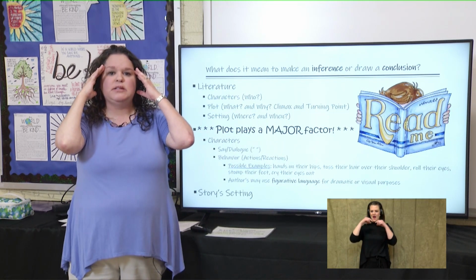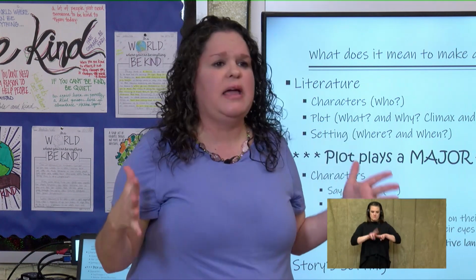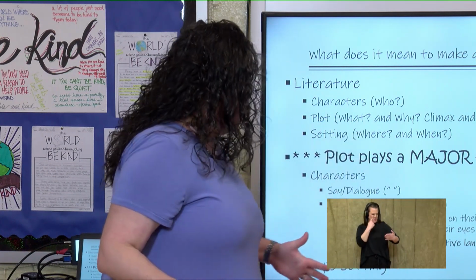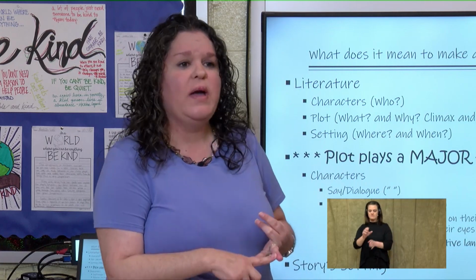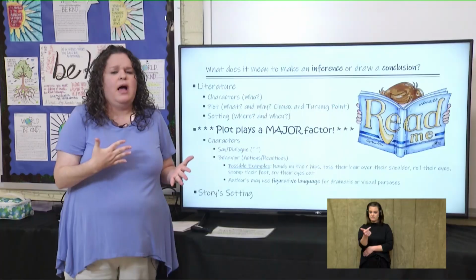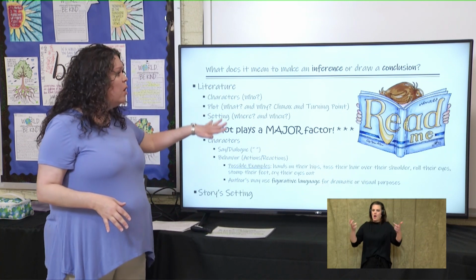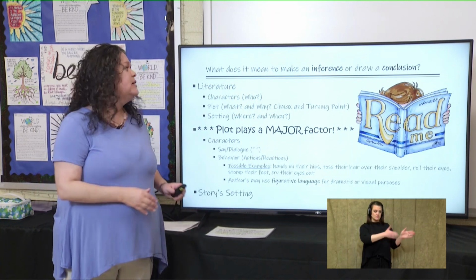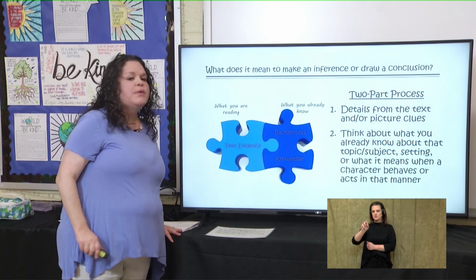That tells me as the reader, oh my goodness, that character was extremely upset. Also, the story setting, the where and the when, can tell me a lot about what could happen within the story. So all of these play a part in drawing a conclusion or making an inference.